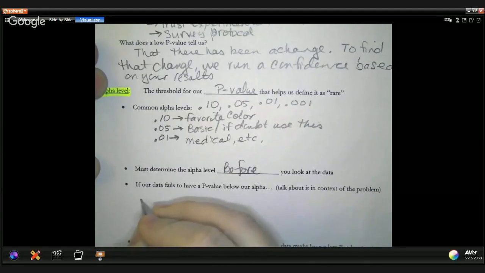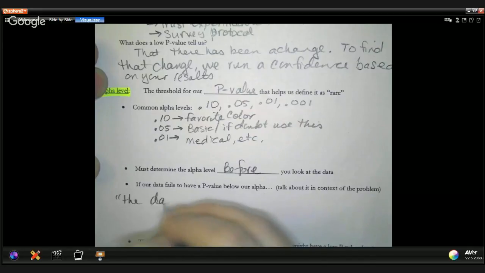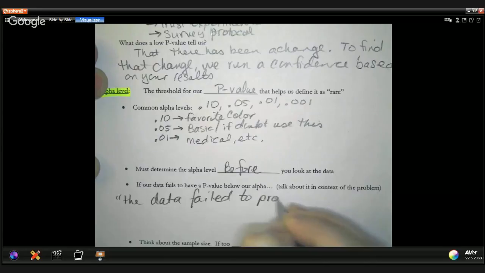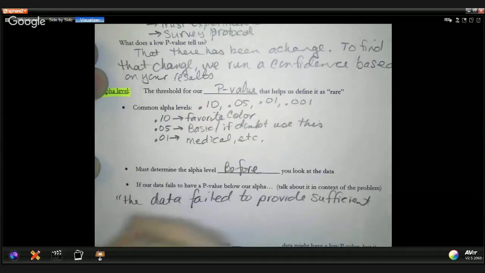And so the data failed to provide sufficient evidence to reject the null.